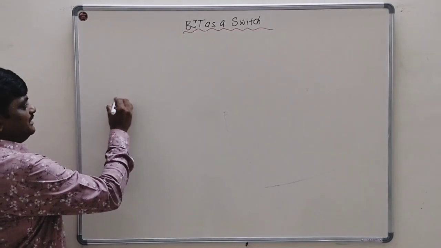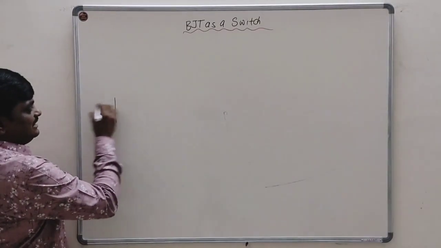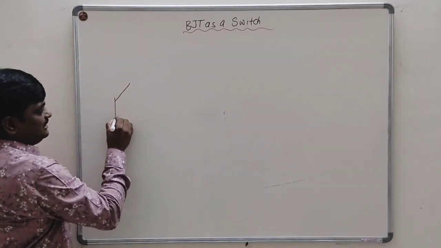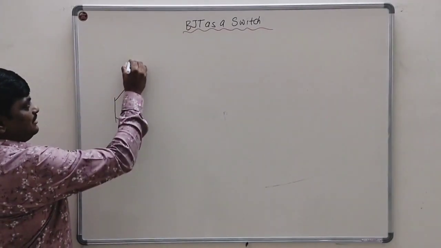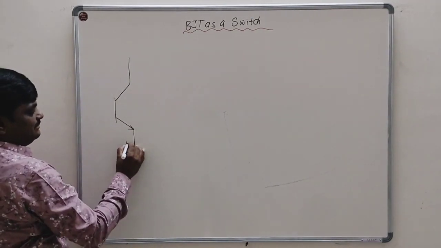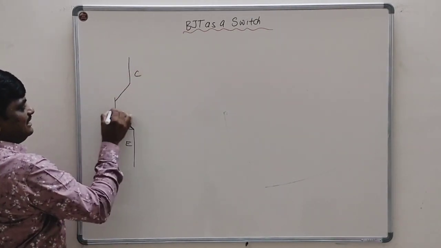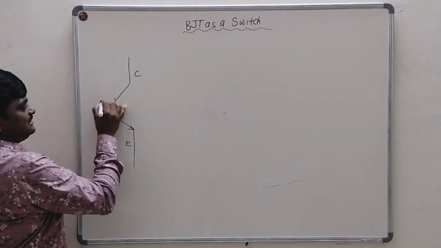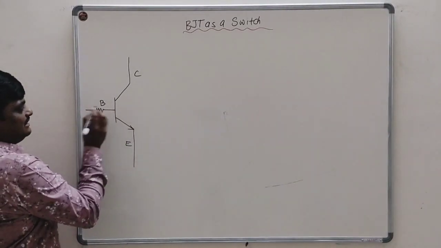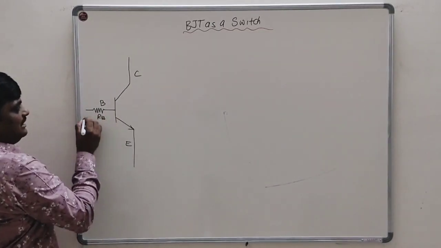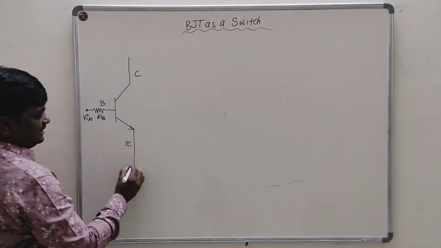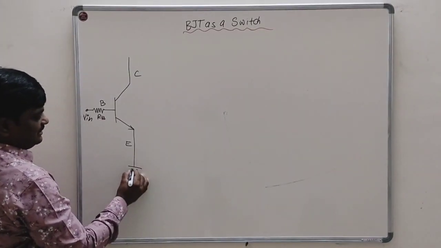Here the base is on the left-hand side because it is the input terminal. Then the emitter is at the bottom because it is the common terminal. So here I have the emitter, this is the collector, and here I have the base. One resistor, RB, is connected at the input, and here I am applying the input voltage. Then the emitter is grounded.